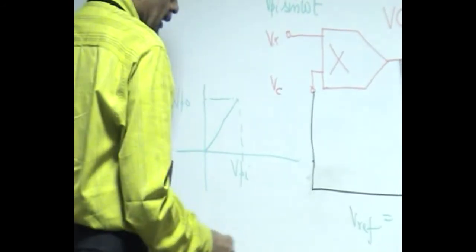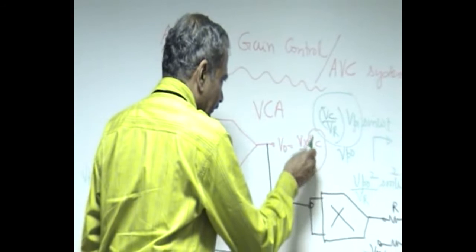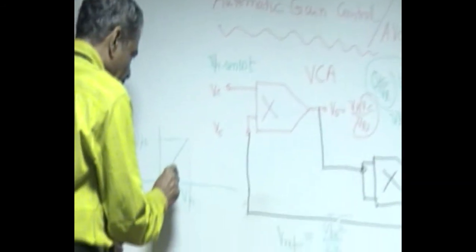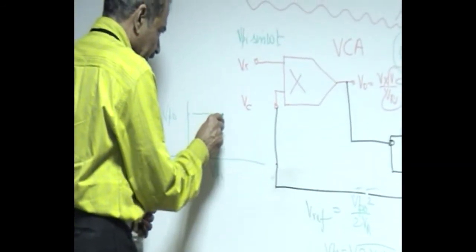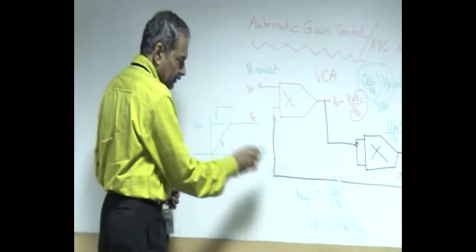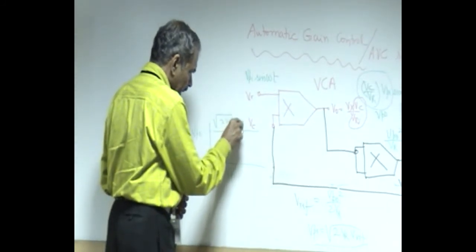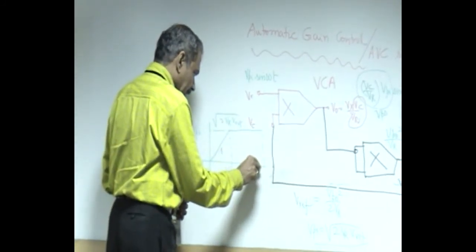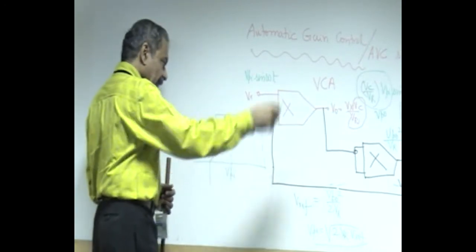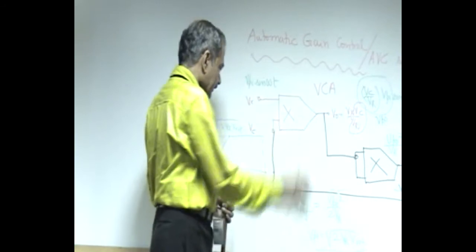Okay. So let's say 10 volts is the saturation voltage and this is 10 volts. The gain is unity. So this is unity. Thereafter, it remains constant at this magnitude until the input amplitude itself exceeds 10 volts, beyond which we are not supposed to apply that magnitude to the multiplier.